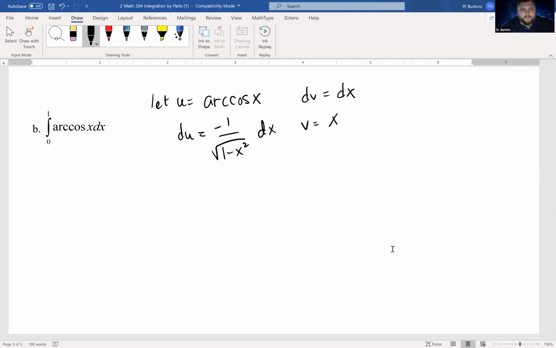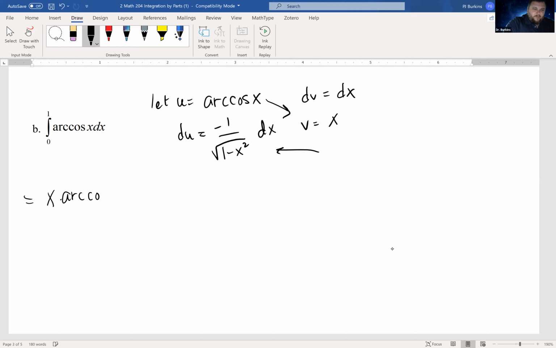All right, so we've got all of our pieces here. We just need to write it out. So the answer is now going to be u times v minus the integral of v du. Again, I'm going to put v first, just because I like to call this math etiquette.